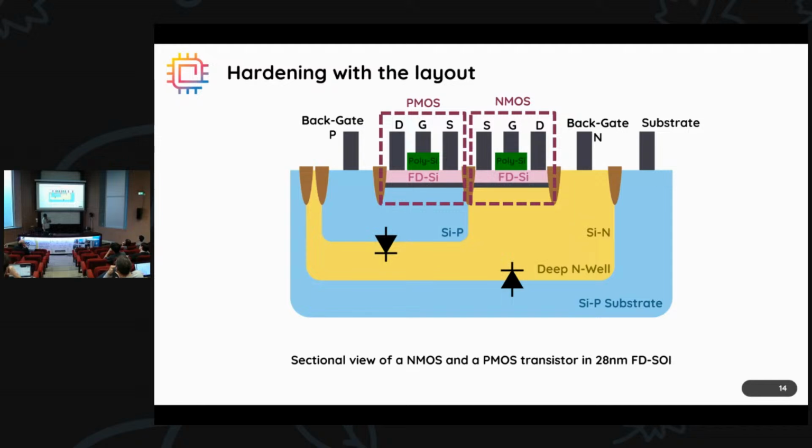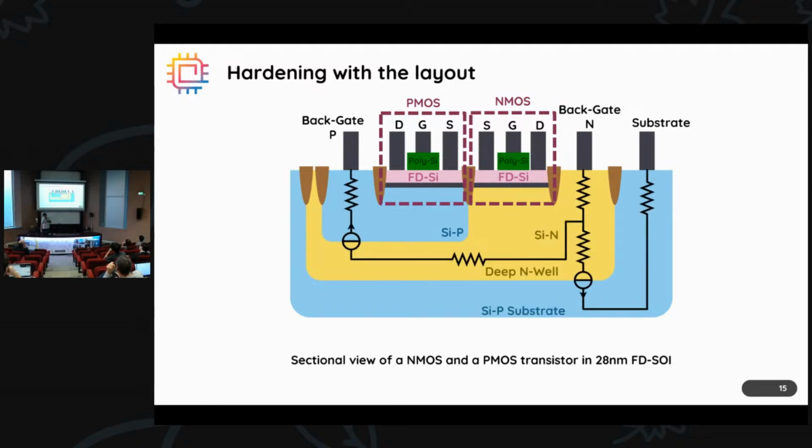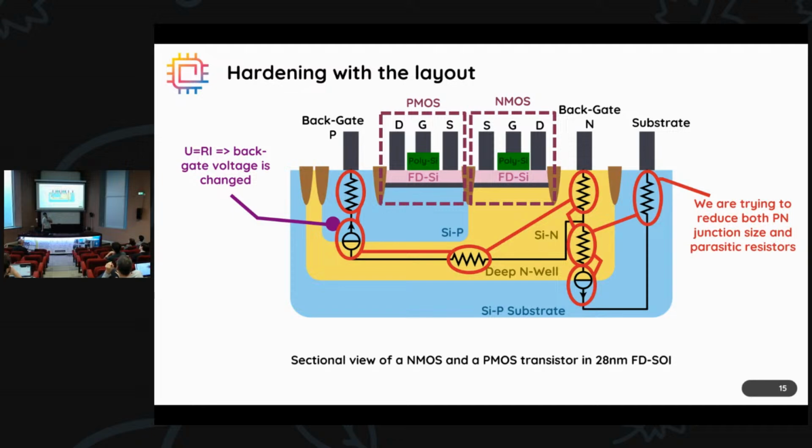We can simulate those currents with a current generator and a resistor to model the resistivity of silicon. A current flowing through a resistor makes a voltage, which impacts the voltage of the backgate, which impacts the performance of the transistor. Our goal is to reduce those resistors and to reduce the currents.